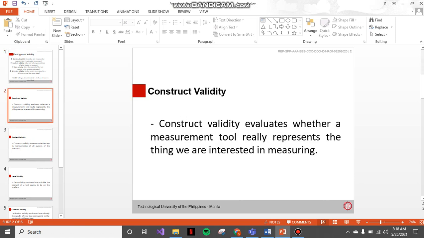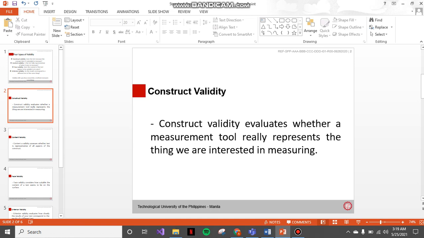Construct validity. Construct validity evaluates whether a measurement tool really represents the thing we are interested in measuring. So construct validity is about ensuring that the method of measurement matches the construct you want to measure. To achieve construct validity, you have to ensure that your indicators and measurements are carefully developed based on relevant existing knowledge.